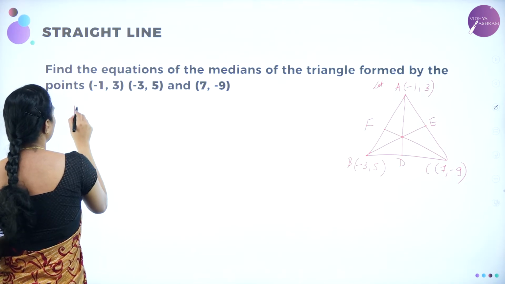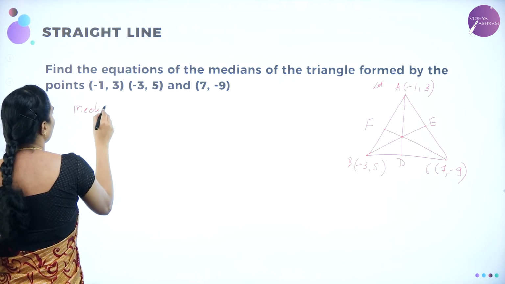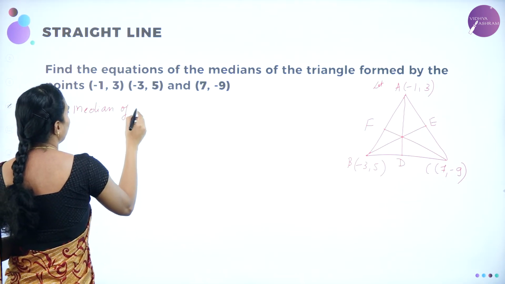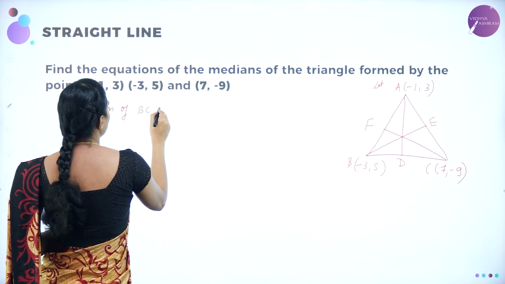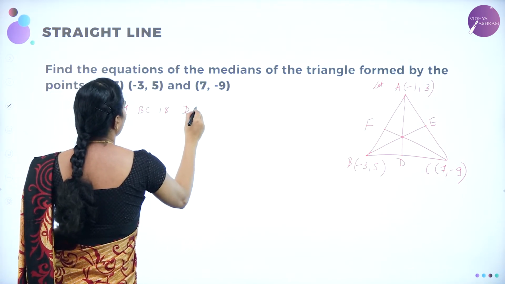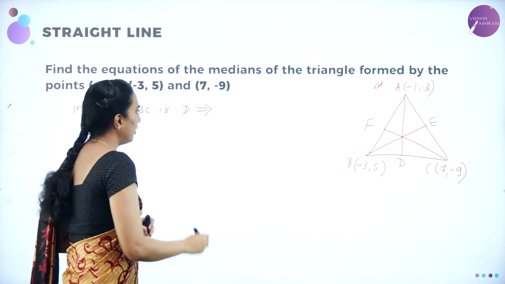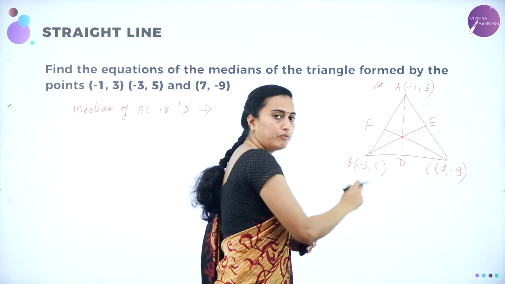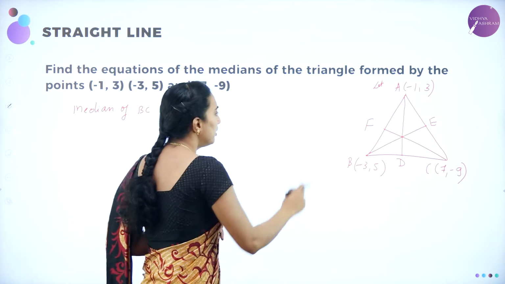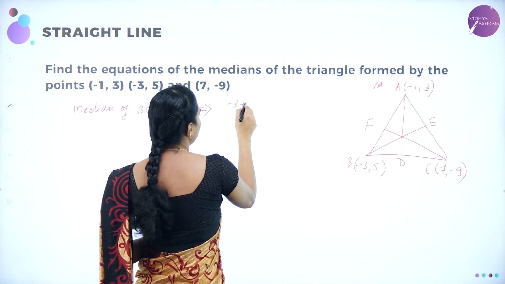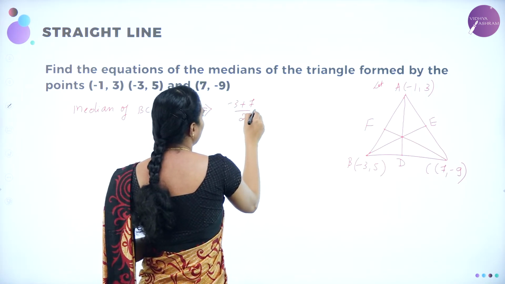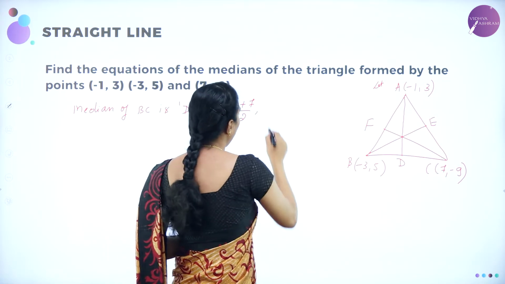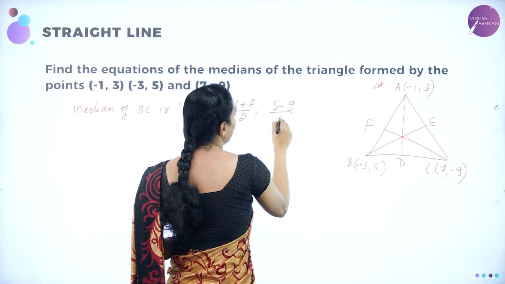The midpoint of BC is D. How can we find this? We can find it by (x1 plus x2) by 2, (y1 plus y2) by 2, which is (-3 plus 7) by 2, (5 minus 9) by 2.